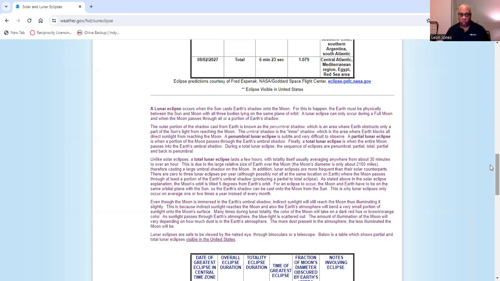Now, in addition, the difference is that lunar eclipses are more frequent than their solar counterparts.